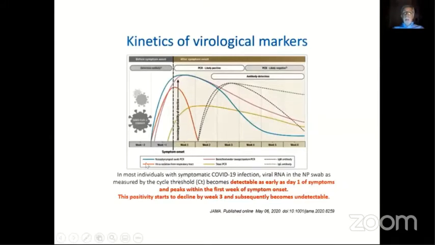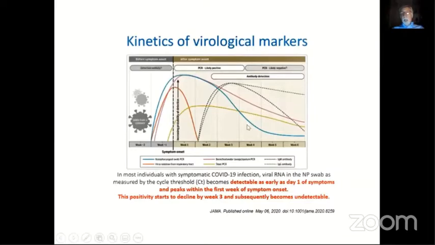And you see that depending on the different sample that we collect, nasopharyngeal or bronchoalveolar lavage, or stools, or other types of samples, we may have more or less the peak of the viral load at the beginning, the first day of the onset.